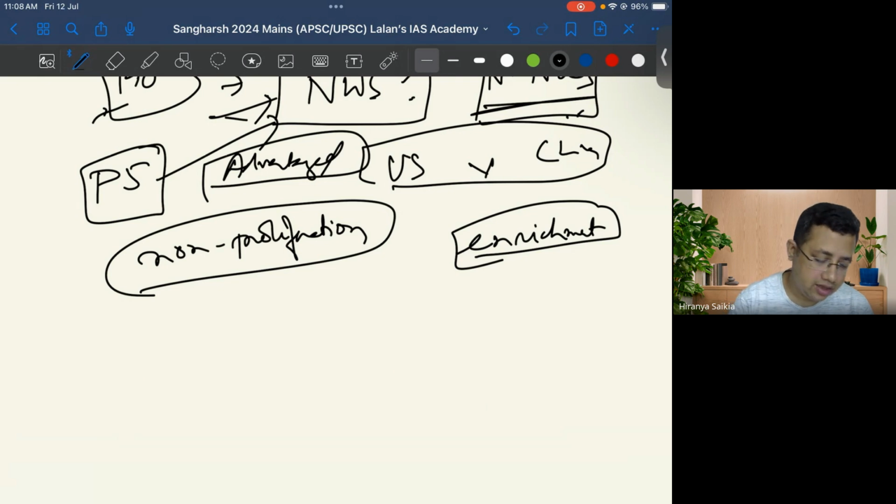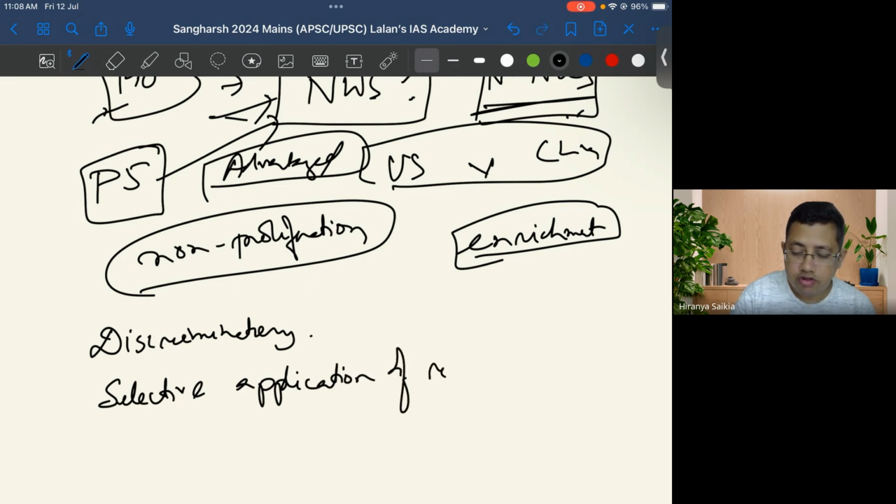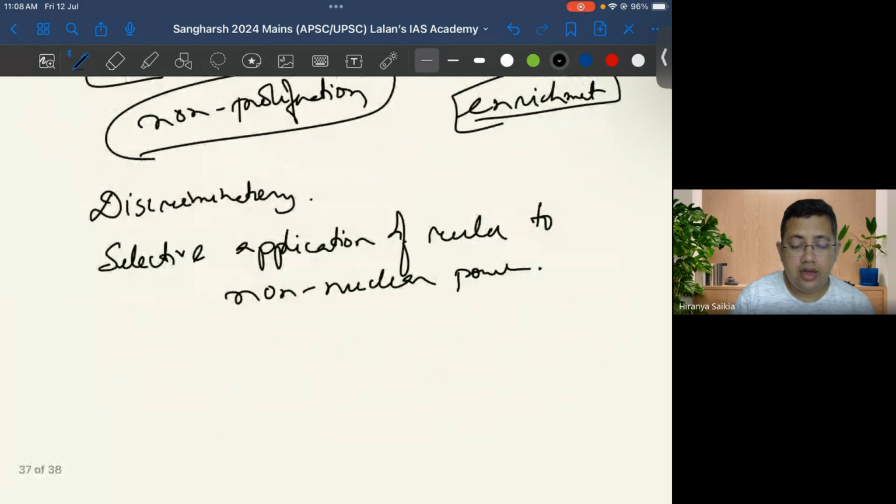So India has not signed it because India considers this treaty as discriminatory. India says that there is selective application of rules to non-nuclear powers.